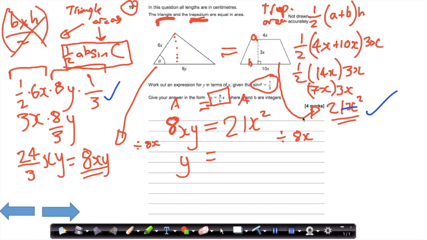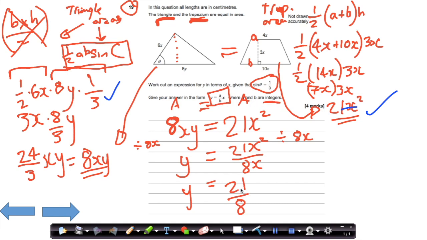21x squared divided by 8x. We can simplify this and then we've got our answer. So 21 over 8, as 8 doesn't go into 21, 21's not in the 8 times tables, we can leave it as 21 over 8. Remember, we want our answer as a and b as integers.